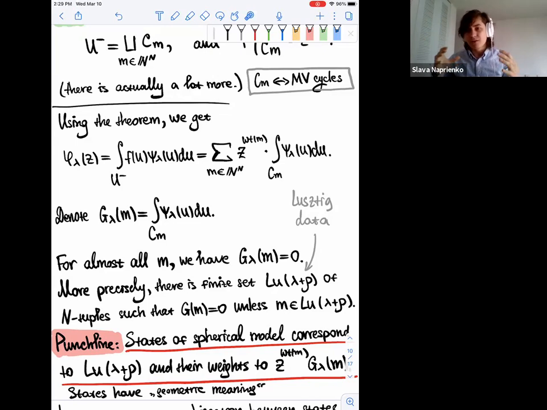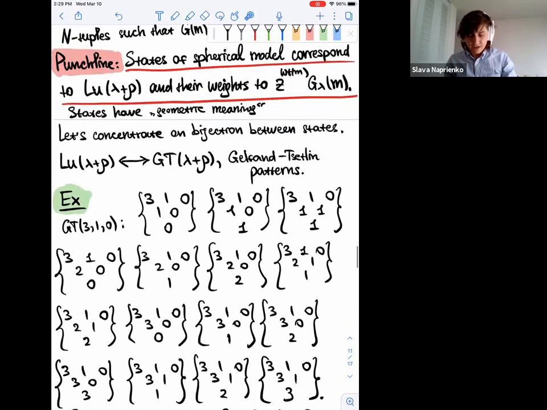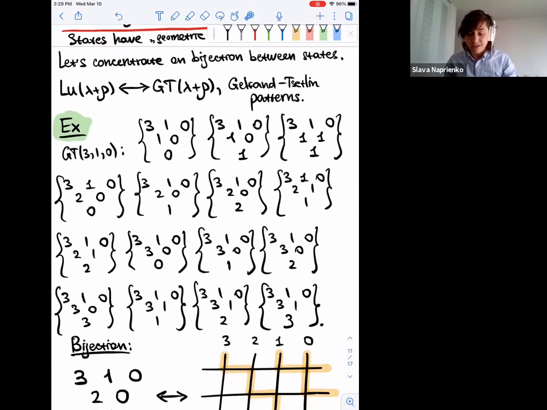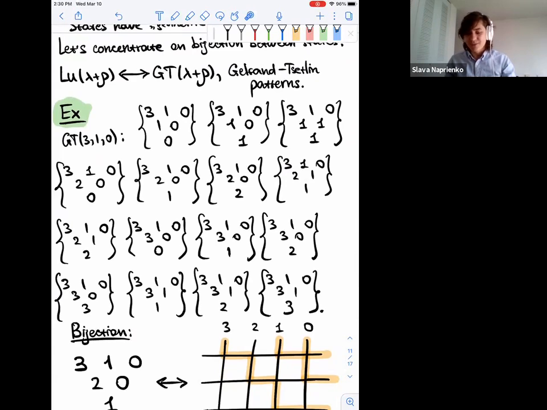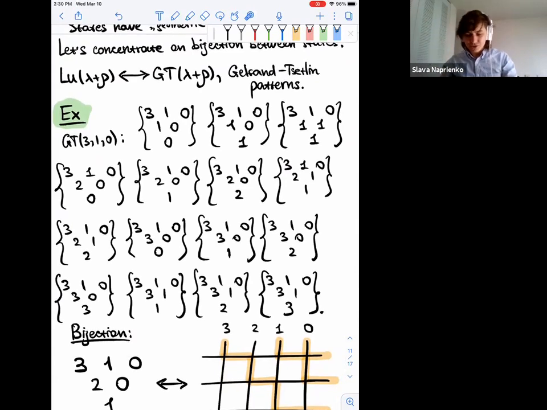So let me make things more real by the following bijection. There is a bijection between Lusztig data and Gelfand-Tsetlin patterns. And Gelfand-Tsetlin patterns are very easy to describe. My strategy is to describe everything on examples. That's the only way I understand things, and I hope it's true for you too. What are Gelfand-Tsetlin patterns? This lambda plus rho is going to be my top row. Now I consider triangles of numbers with the following betweenness condition.